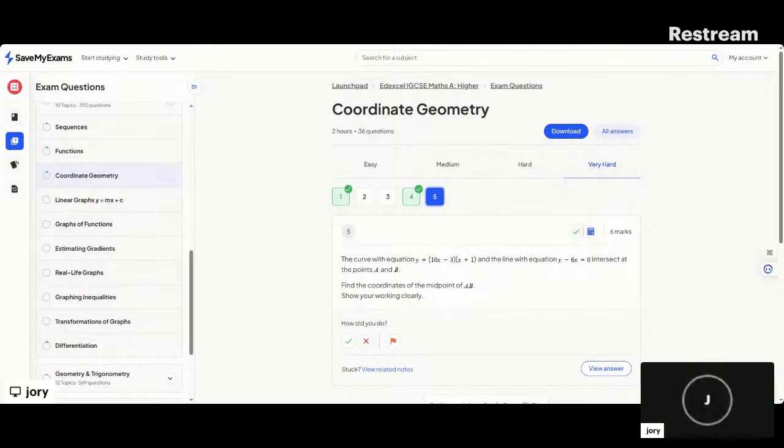Okay. So 10x minus 3 and x plus 1. Let's make them bigger. 10x squared plus 10x minus 3x minus 3 equals 6x.